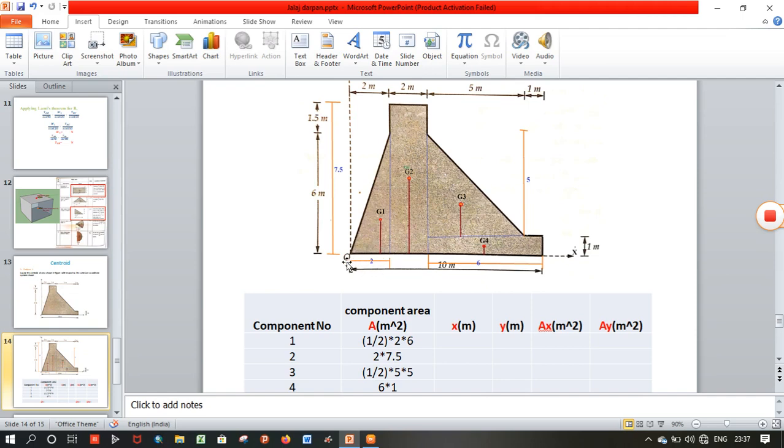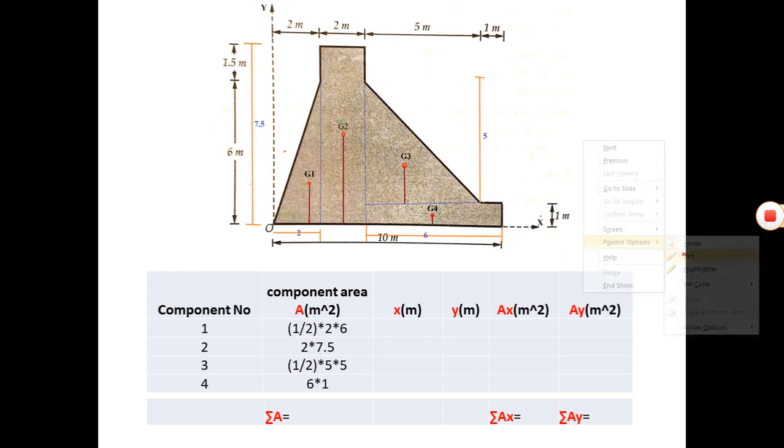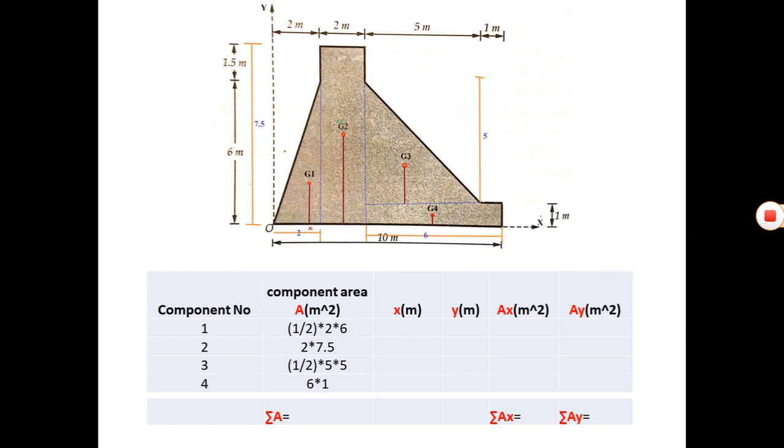So if I draw this here, we know that the centroidal distance is at a distance of h by 3 from the right angle edge. So the right angle forms here, the 90 degree angle forms here. So from the right angle edge to this G1 point, it is at a distance of h by 3.